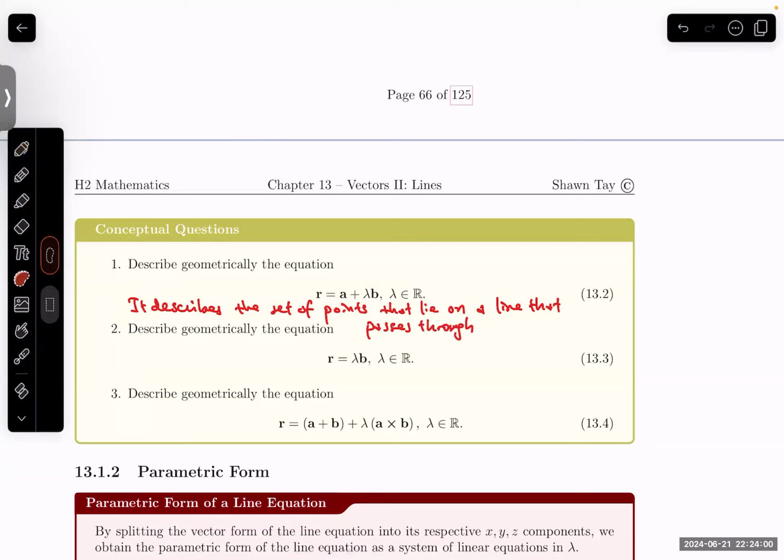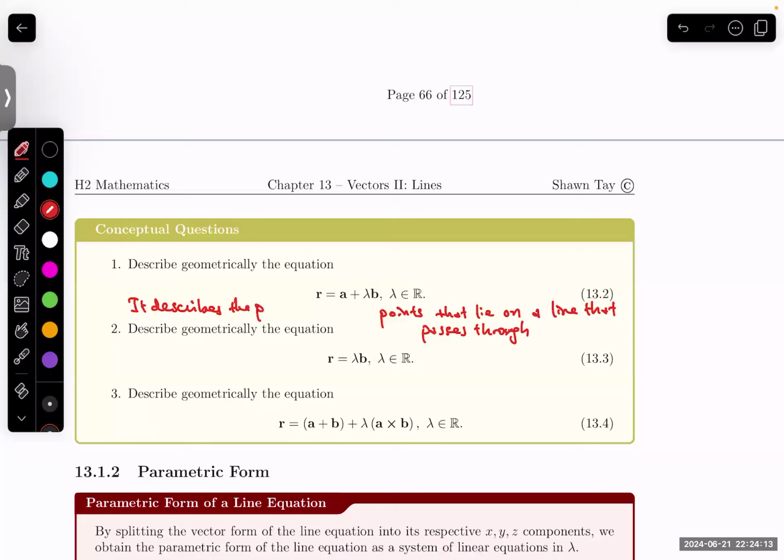It describes the position vectors of points that lie on a line passing through the point with position vector A, and is parallel to vector B. Okay, vector B.